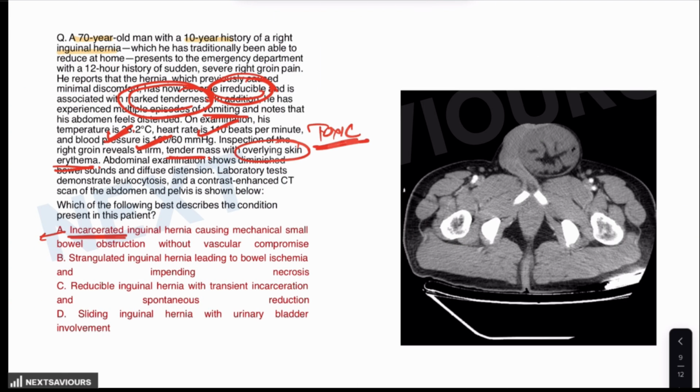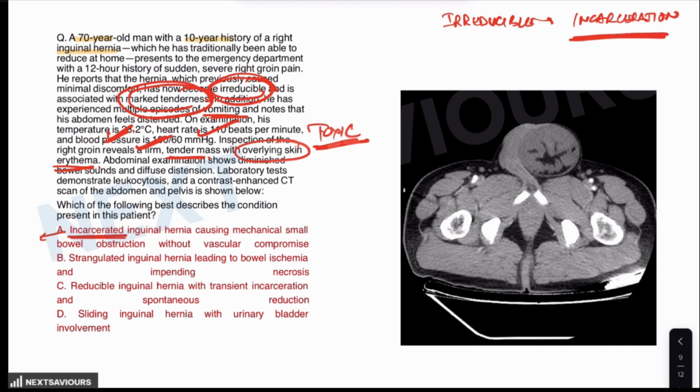Incarceration is nothing but irreducibility because of a very long history of inguinal hernia. Several adhesions form between the hernia sac and the content. These adhesions prevent the reduction of the hernia content, and hence it becomes irreducible, which is termed incarceration.